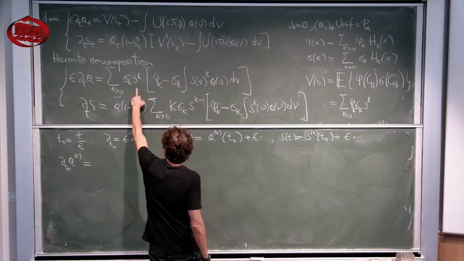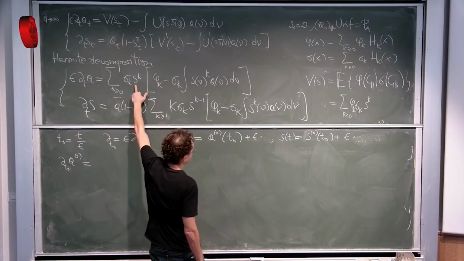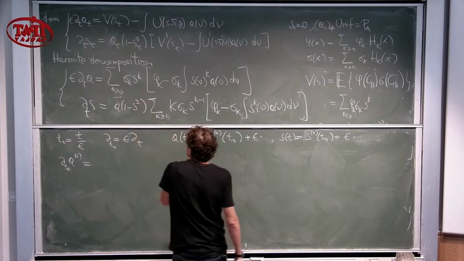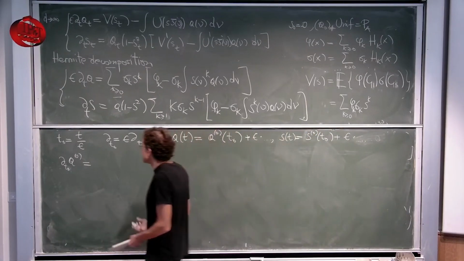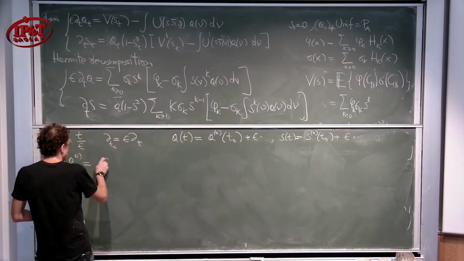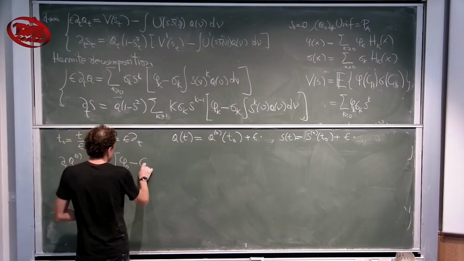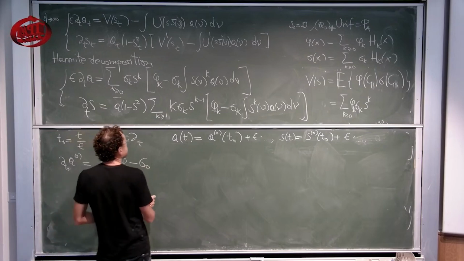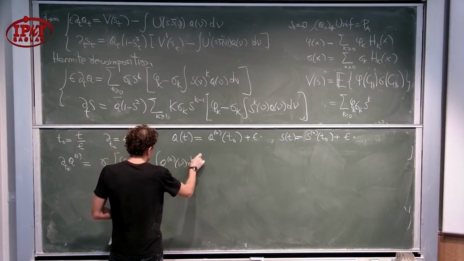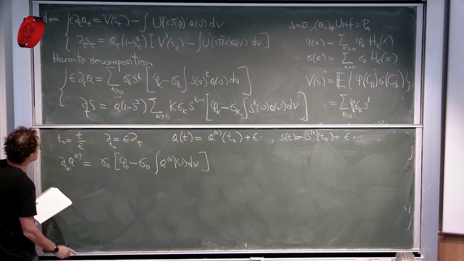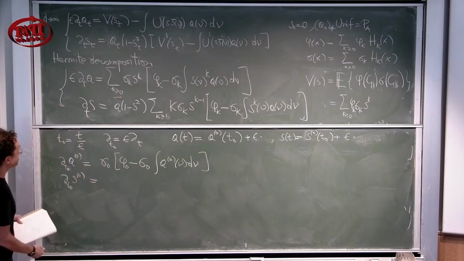The only term that survives at order epsilon is of course the term k equals 0, because even if I put here an A0 that is of order 1, S0 at the beginning is 0, so the terms will be of order epsilon. So the only term that survives is sigma 0 times phi 0 minus sigma 0 times the integral of A0.